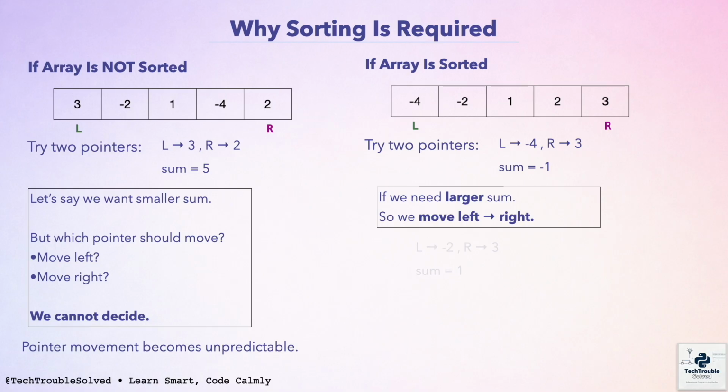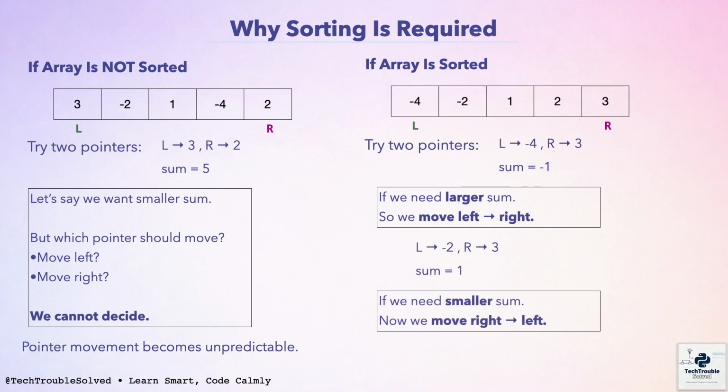If the current sum is too large, we move the right pointer to the left to reduce the value and decrease the sum. Because the numbers follow an ordered structure, every pointer movement has a clear logical purpose. So, sorting the array gives us a reliable rule for pointer movement.